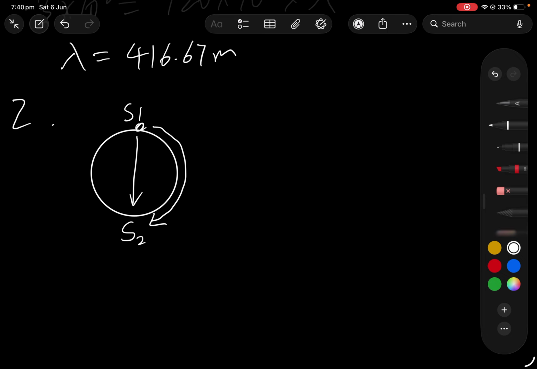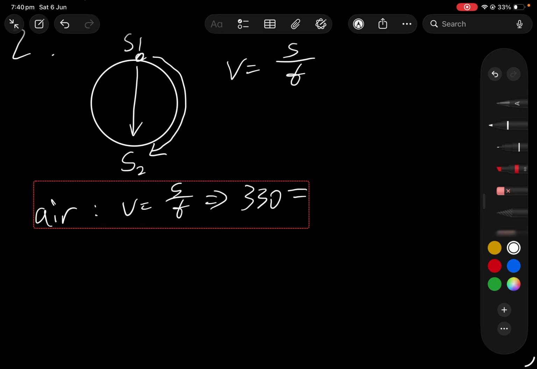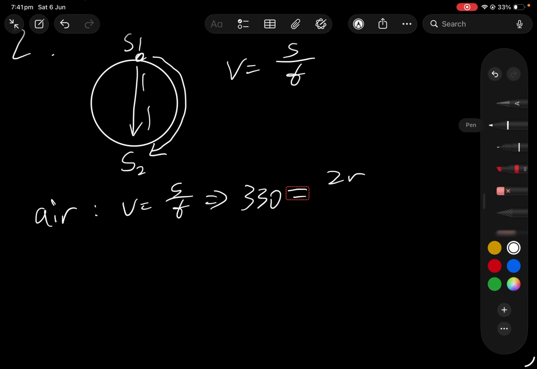So we can just use v equals distance over time. For the air, the velocity is 330. V equals s over t. In the air, the distance should be 2 radius because there are 2 radiuses here, so 330 equals 2 radius over time.